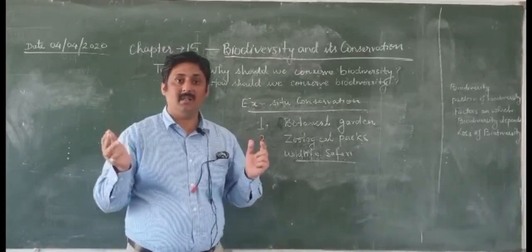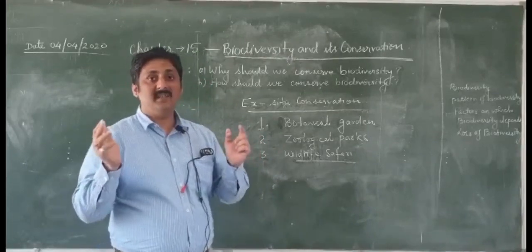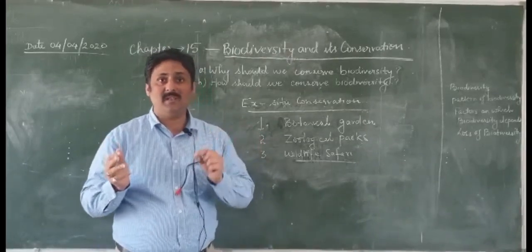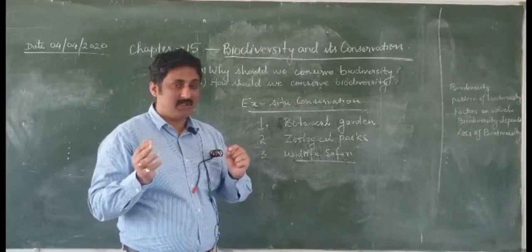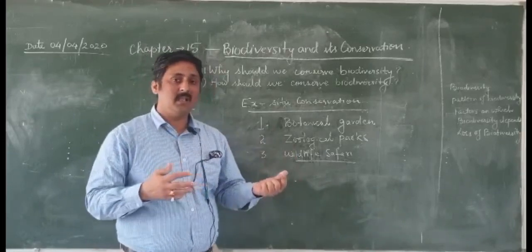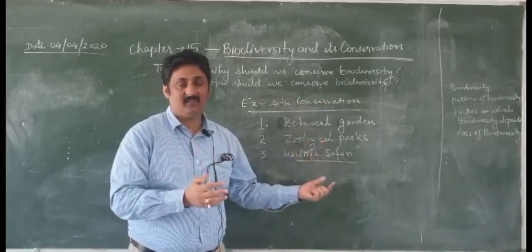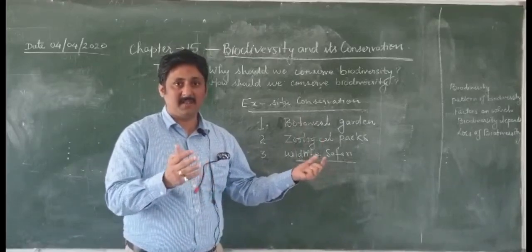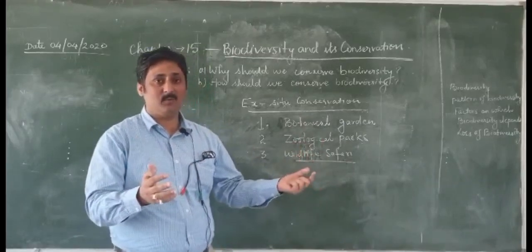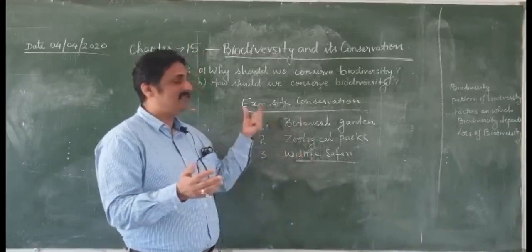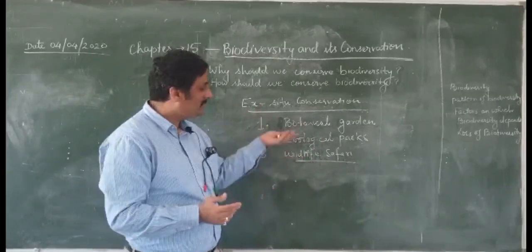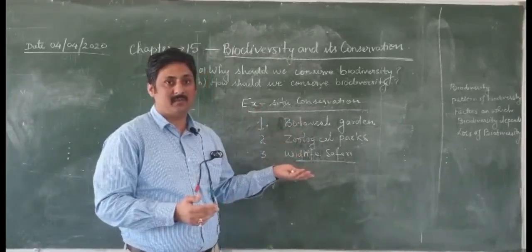If the plant or the animal is endangered in its own area, they will be taken out from that particular area and separately kept in a special environment, and that is called ex situ conservation. These are the examples of ex situ conservation.